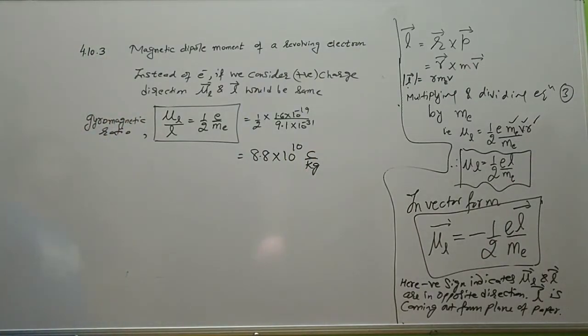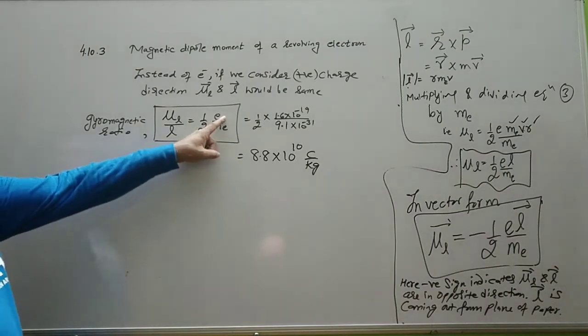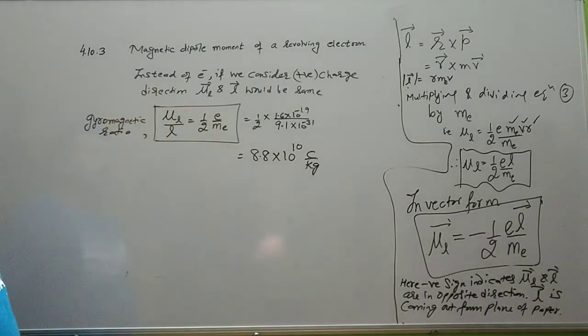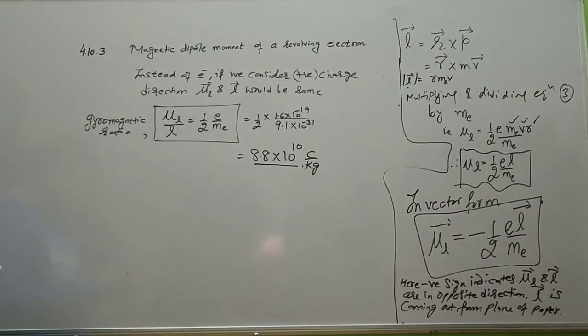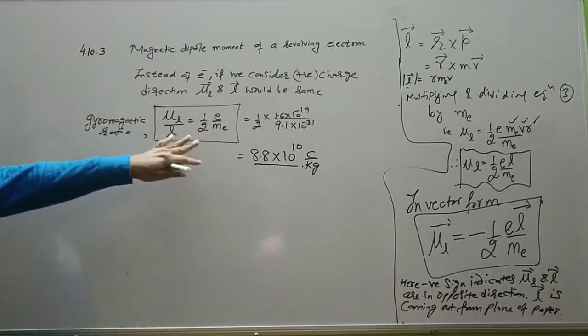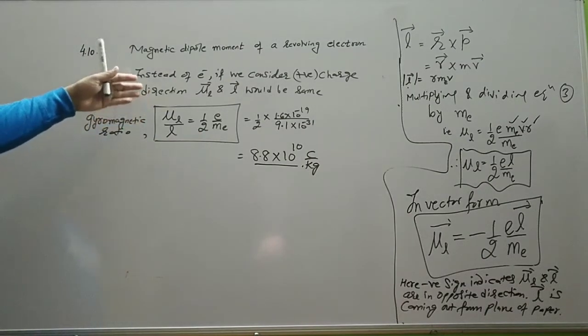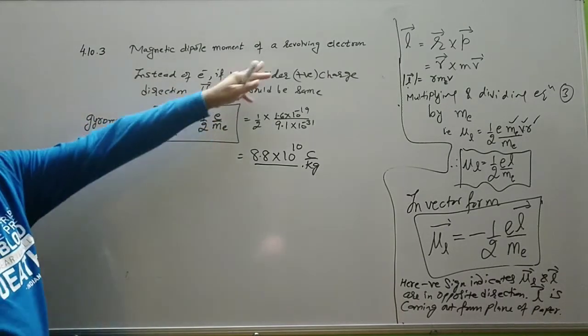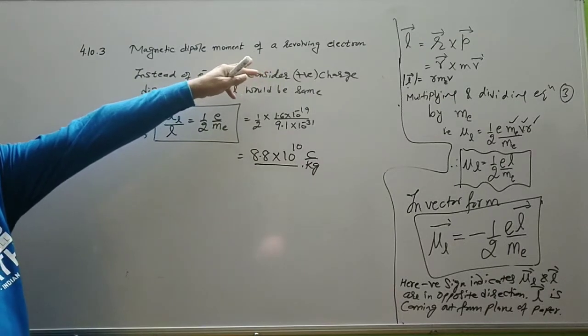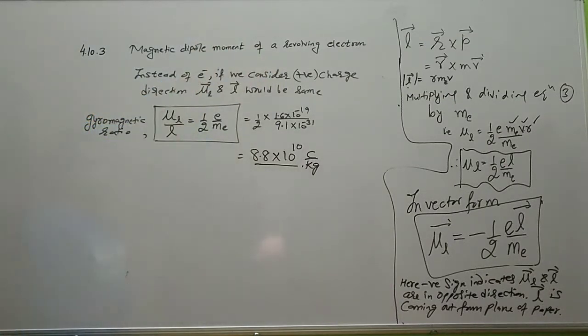That is the SI unit. So this is the gyromagnetic ratio. We have calculated this for an electron, but if you take a proton or positive charge, it would be the same. Here we have considered the magnetic moment of a revolving electron, so this is the gyromagnetic ratio for an electron revolving around a nucleus.